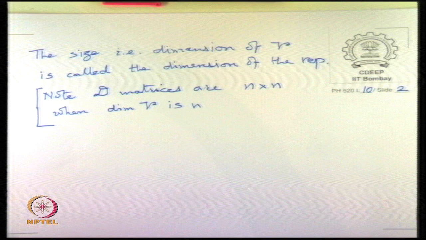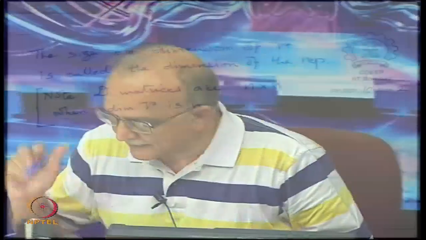Note, matrices D are of size n by n when the dimension of V is n. So an n-dimensional representation of a group means that you have n by n matrices. Actually n squared is the size of that linear space, but n is the size of the vector space.